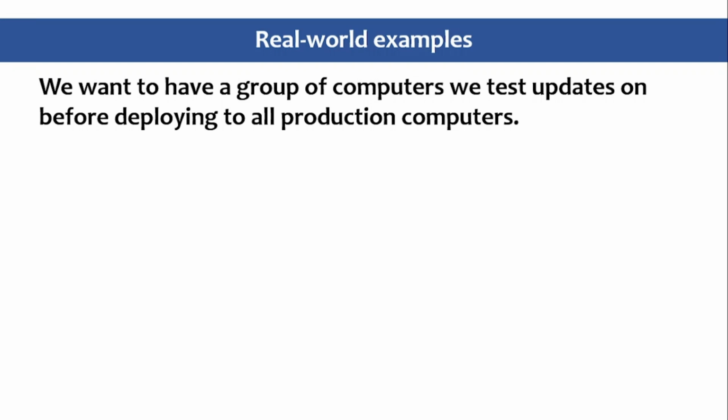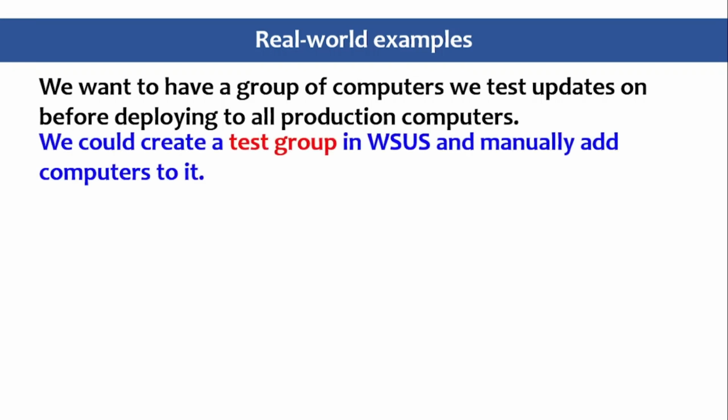They download the monthly updates, monthly patches, and test them in a sandbox environment or a test environment. For such environments, we can create a group. So we could create a test group in WSUS and manually add computers to it just for testing purposes.